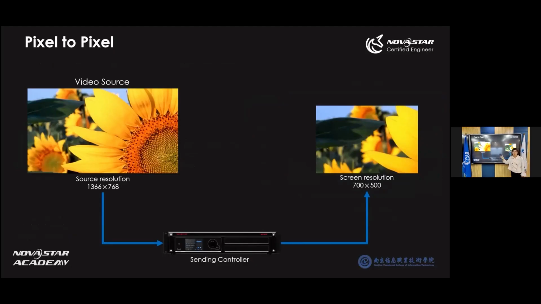The video source resolution is bigger than the LED screen resolution, so the screen can only show part of the image. Since the sending controller does not have the ability to scale the video source, if you want to display all the content on the screen, a video processor or software scaling is necessary, which can scale the image resolution to 700 by 500.